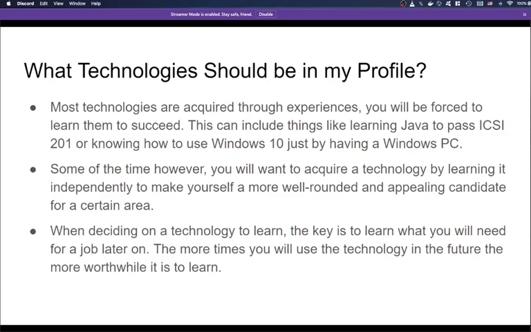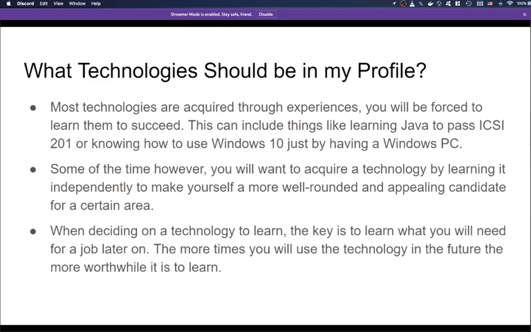But most of the time, you're going to want to acquire a technology by learning it independently. And this will make you a more well-rounded and appealing candidate for a certain area. And to be completely honest, a lot of stuff in the real world, you cannot get by just by having the technologies that you are forced to learn in school. You have to branch out and learn your own technologies.